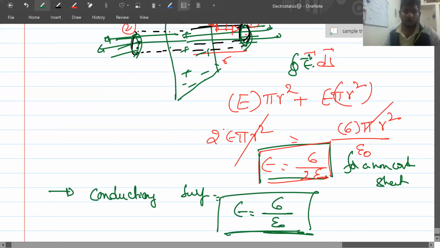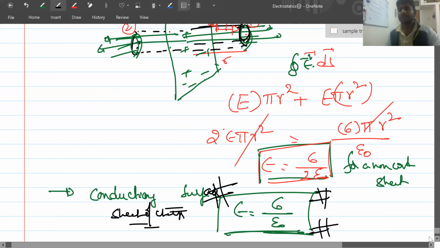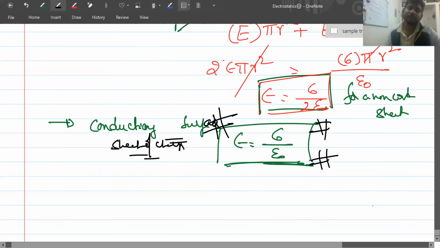You can remember this formula for a conducting sheet of charge. So these are some of the important formulas that can be derived from Gauss law.